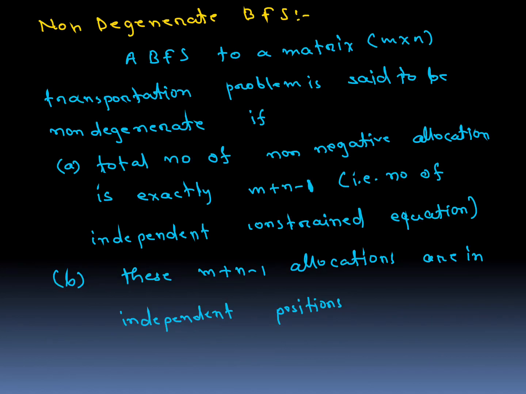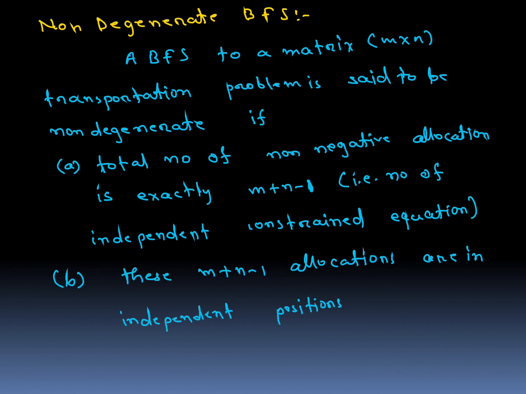And for a non-degenerate basic feasible solution: a basic feasible solution to an m cross n transportation problem is said to be non-degenerate if the total number of non-negative allocations is exactly m plus n minus 1.